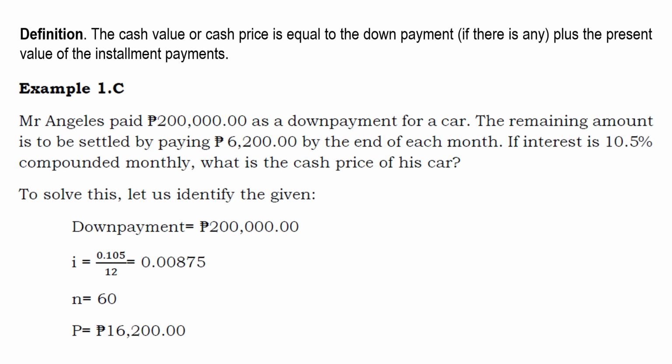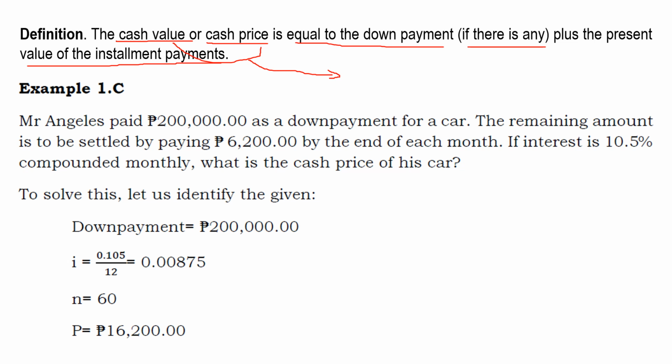Let's go now with the definition of a cash value or cash price. Your cash price or cash value is equal to the down payment, if there is any, plus the present value of the installment payments. We can visualize this concept more when we decide to apply for a loan with Home Credit or Flexi Finance, wherein we're asked to pay 30% of the total cost of the things that we need to purchase.